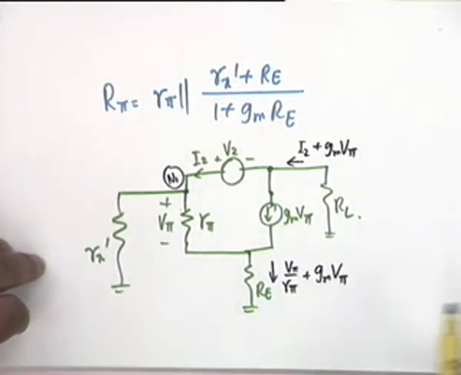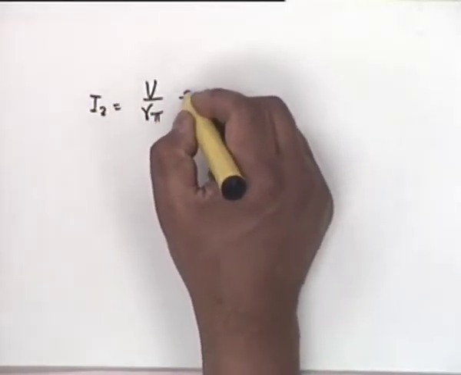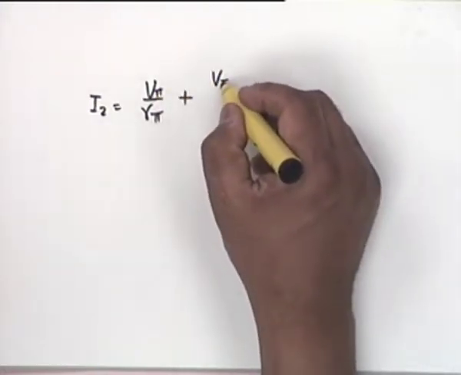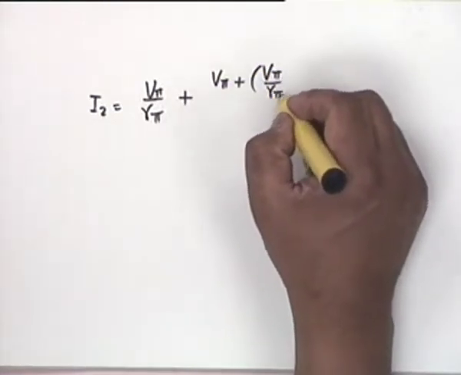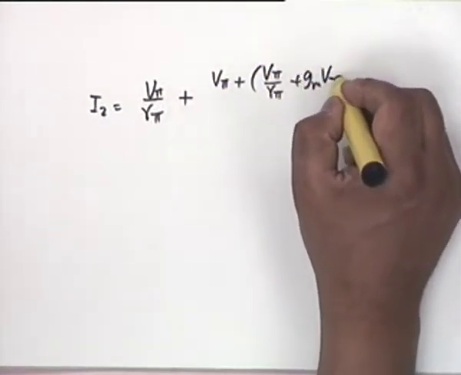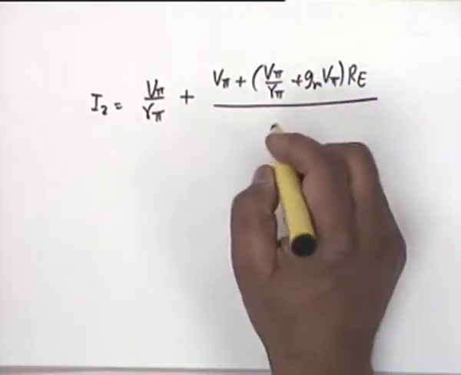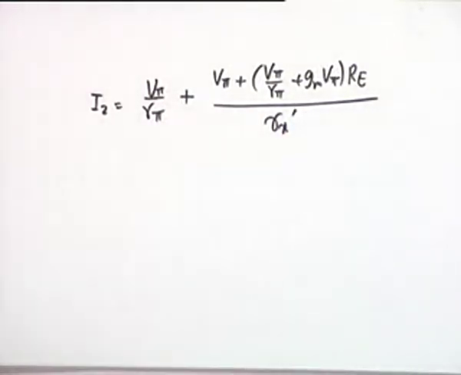Alright. So I can write the following equation. I2 as equal to V pi by R pi plus V pi plus V pi by R pi plus Gm V pi multiplied by Re, this is the voltage, whole divided by Rx prime. Okay. This is one of the equations.